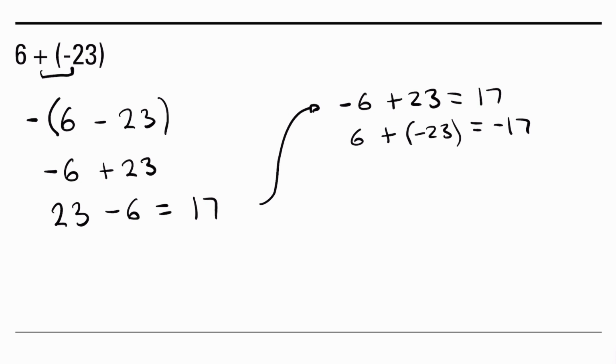So a little bit confusing, but essentially if you have a larger negative number added to a smaller positive number, you will then flip the signs to get the opposite expression. Rearrange if you need to evaluate the easier expression. So it's easier to evaluate 23 minus 6 than negative 6 plus 23. And so that will give you the opposite answer. So then you just need to flip the signs of that to get the original answer.